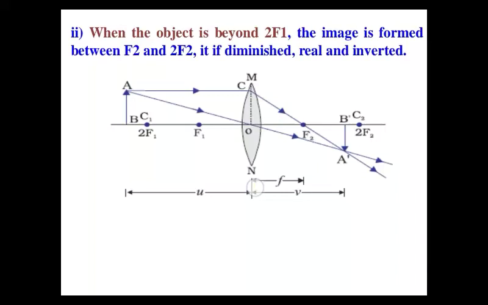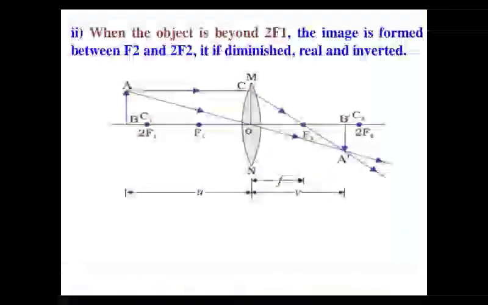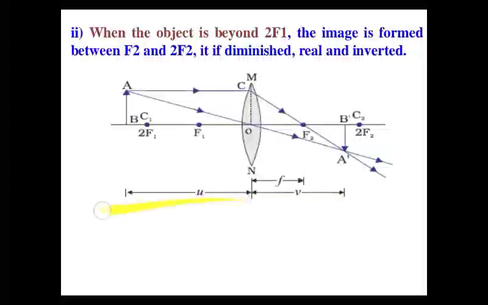This distance from O to F is shown by the focal length. This distance from the optical center to the place of the object is U, and the distance from the optical center to the image is shown as V.